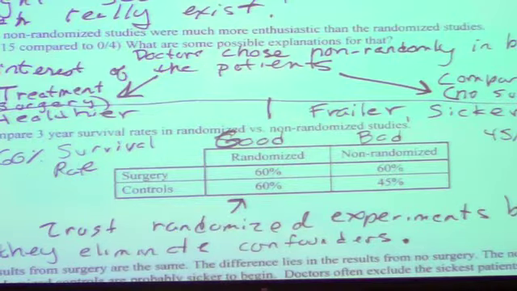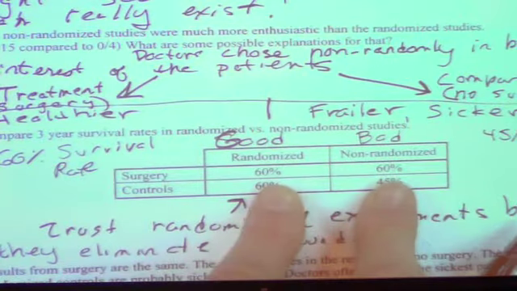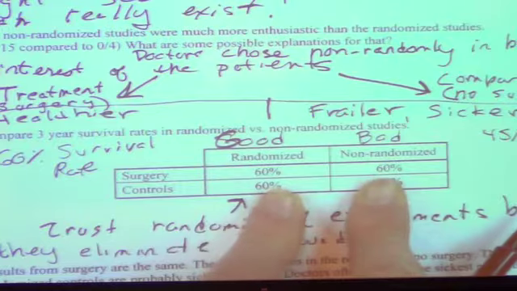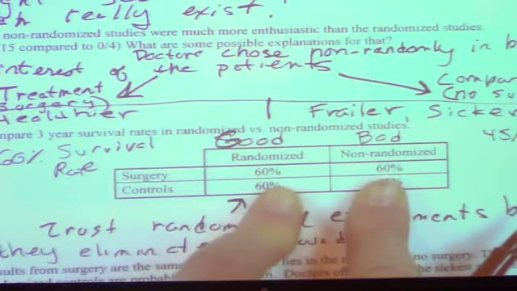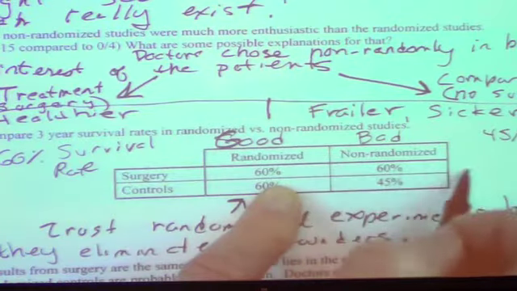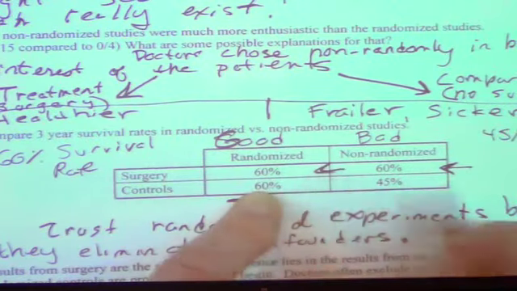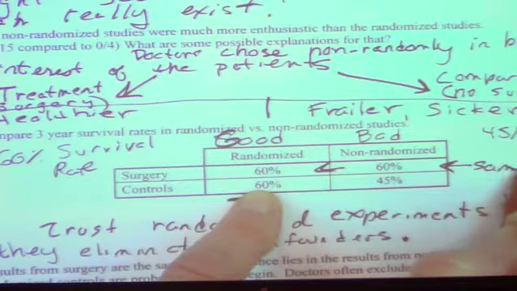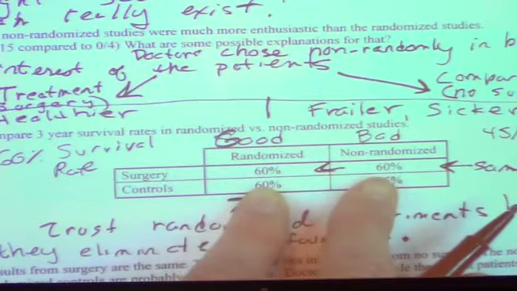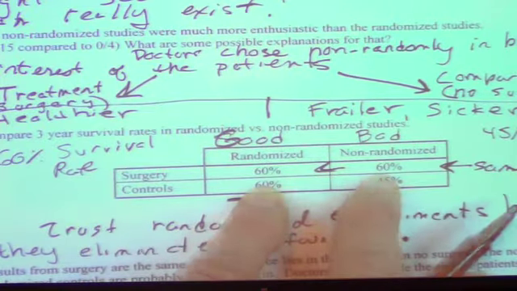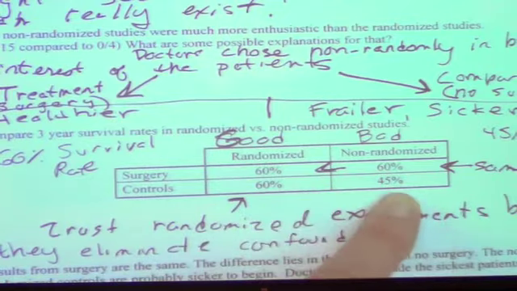And look, results from the surgery. It's not like these guys, the non-randomized experimenters, got any better results with their surgery. Look, they're the same. These 2 are the same. They didn't do any better with their surgery. It's just, look, they compared them to a much sicker population.